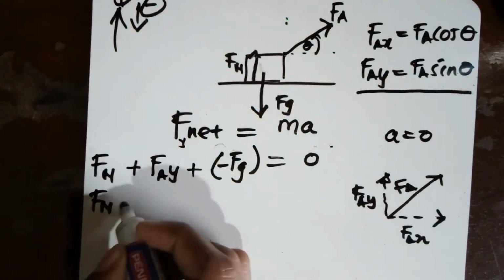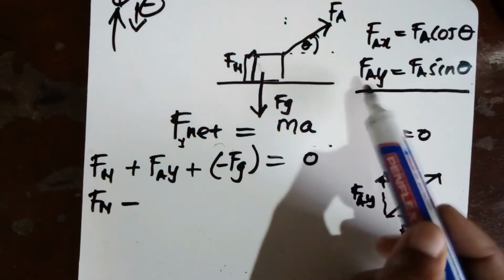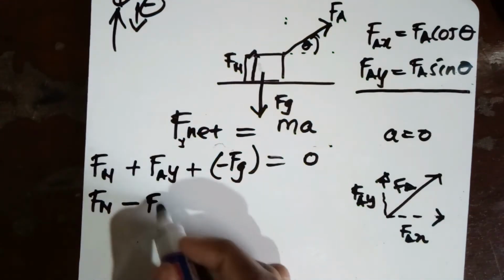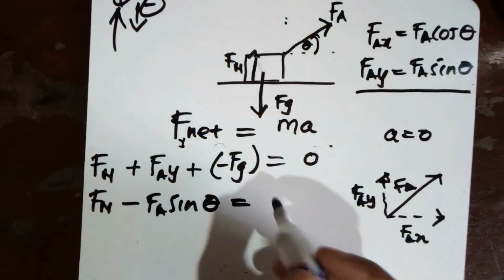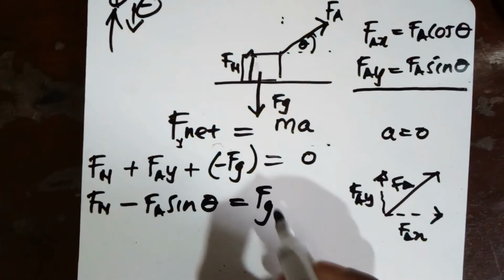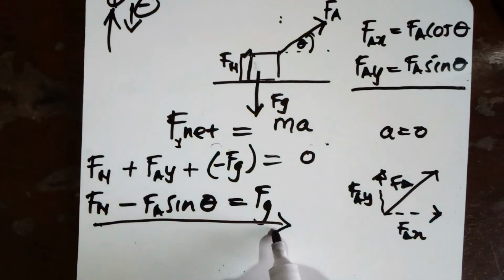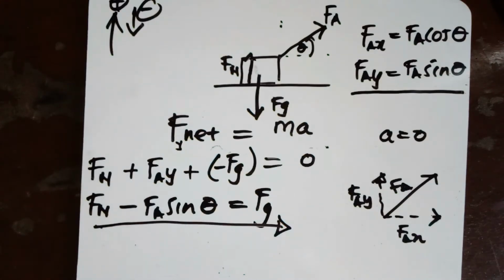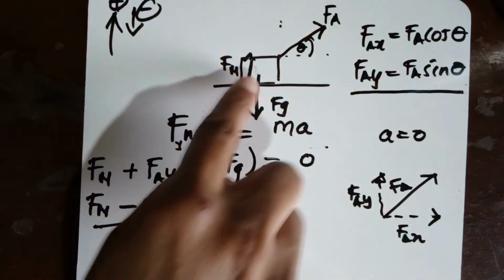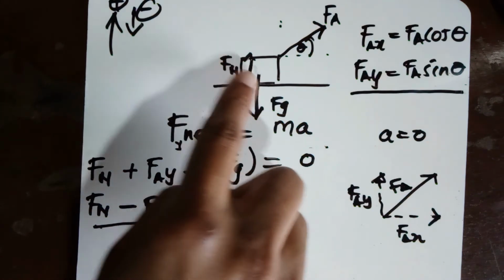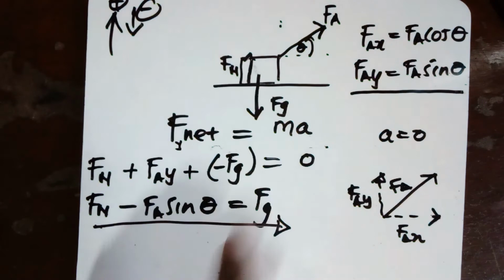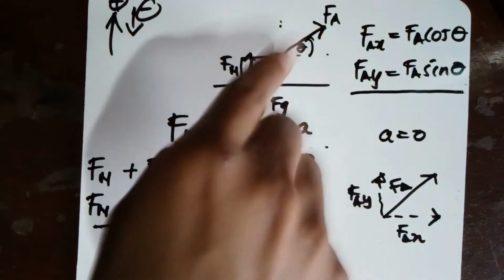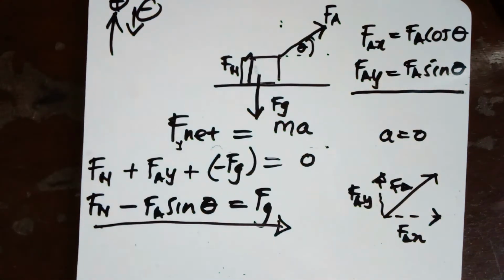So Fn plus FAY minus Fg equals 0, and we have defined FAY as FA sine theta. We can take Fg to the other side, so Fn plus FA sine theta equals Fg. So it's almost like the magnitude of Fn changed because of the presence of this external force. So that is what you get.